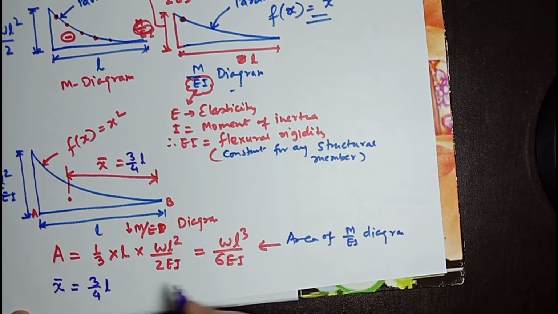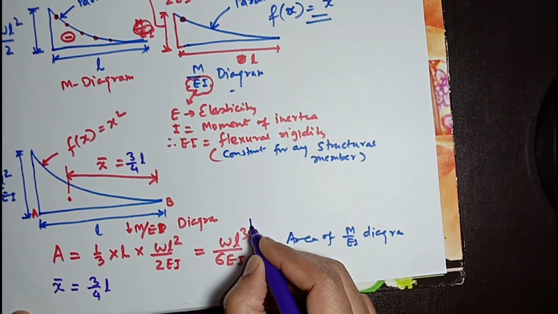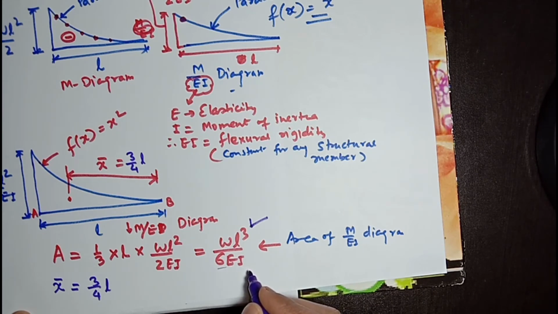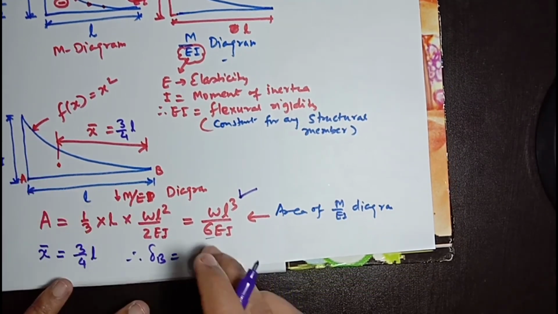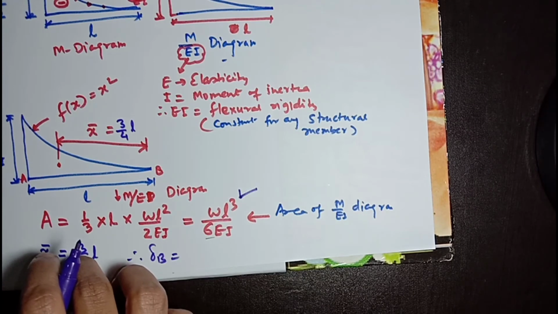Now we can go with this one. The area calculated for the M over EI diagram is WL to the power 3 divided by 6 EI. X bar is 3/4 of the total length. So delta B will be this one multiplied by this one.